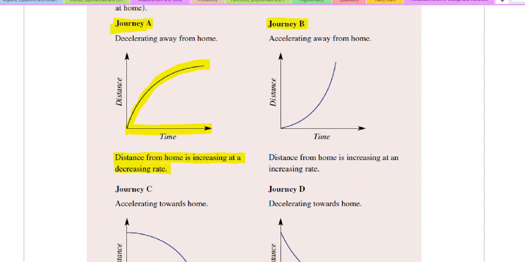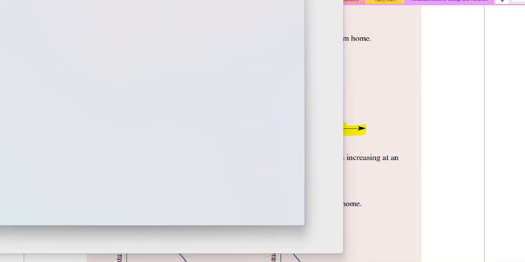Whereas in journey B, we are still, as time is progressing, traveling away from home. But this time our graph is getting steeper and steeper, which means our distance is increasing at an increasing rate.